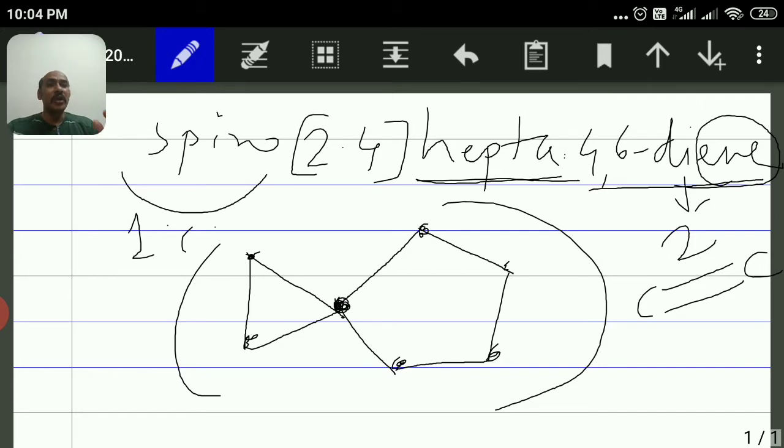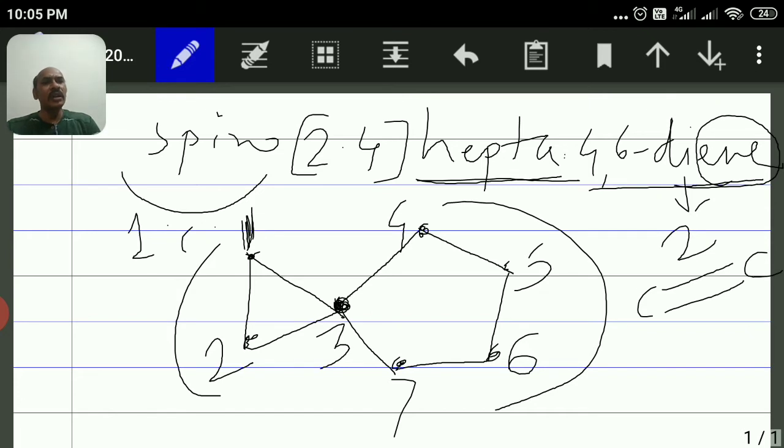So here you have to number first. If you remember, for a spiro compound you have to start numbering from the carbon of the smaller ring which is directly connected to the spirocarbon. So this one I am numbering as 1, then this will be 2, then the spirocarbon will be 3, then I will proceed to the larger ring, it will be 4, then 5, 6 and 7, like this.